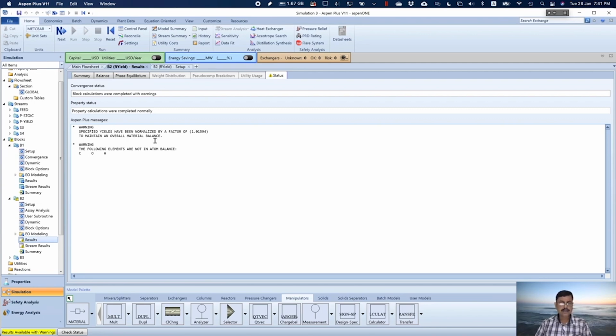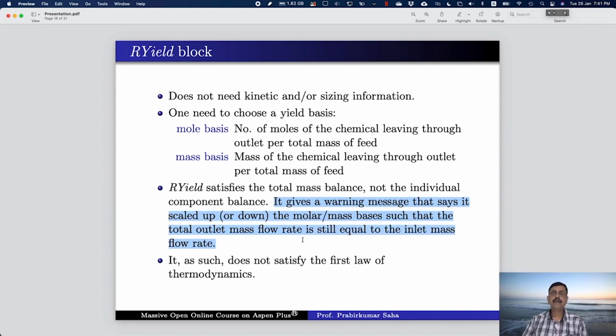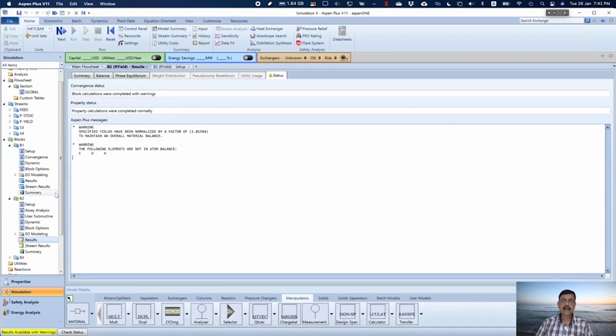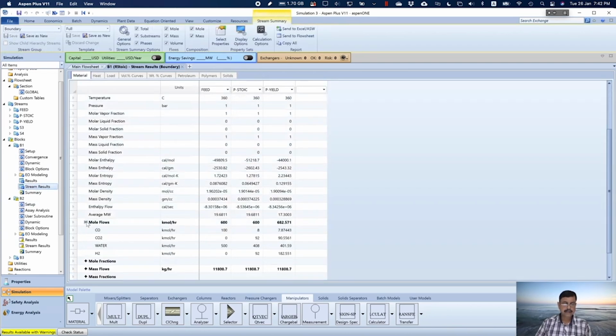So it is as good as the error message or warning message that I was specifying some time back. It scales up or scales down by doing certain normalization to make the inlet mass flow rate equal to the outlet mass flow rate. Okay, so R yield, again, is some kind of approximation and we have to accept this result in this manner. Anyway, let us keep our result in this fashion only.